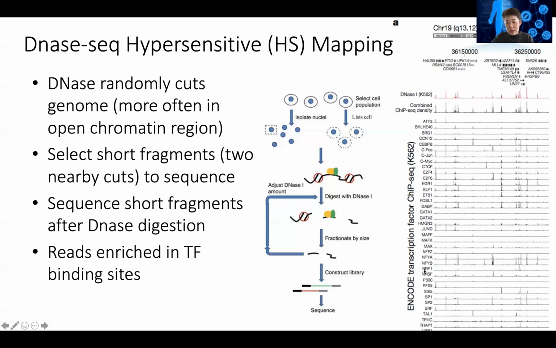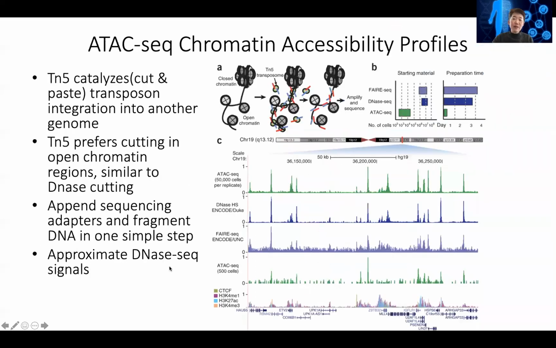They have profiled many different transcription factors, but if you combine all of their raw reads together to do a combined ChIP-seq density, it really tracks with the DNase hypersensitivity profiles. And so DNase really gives you an overall high resolution map of all the transcription factor binding sites. And so this is a really fantastic experiment.